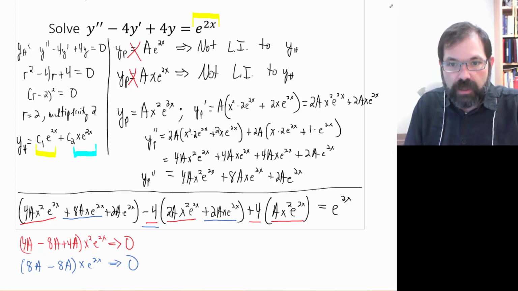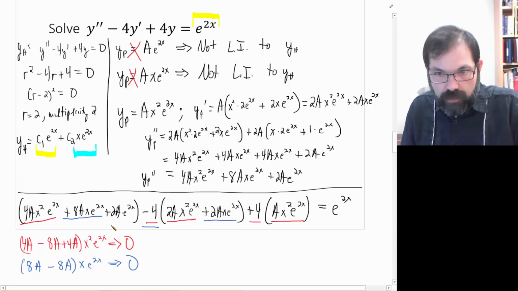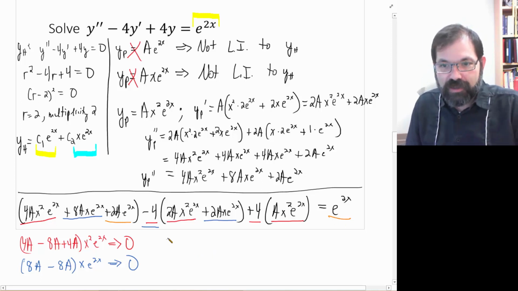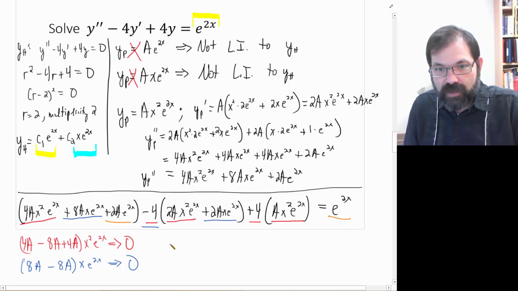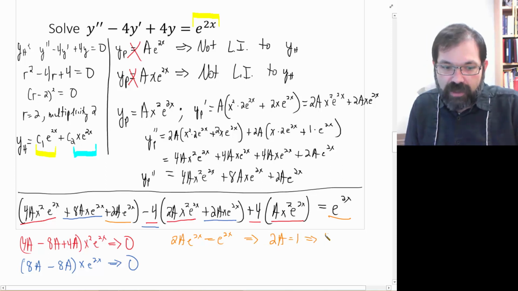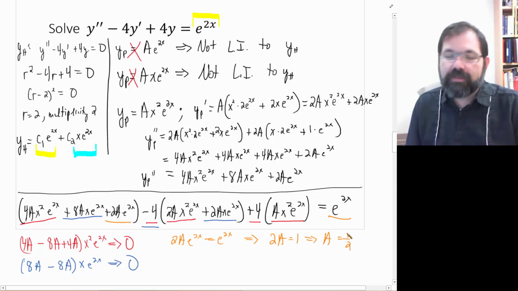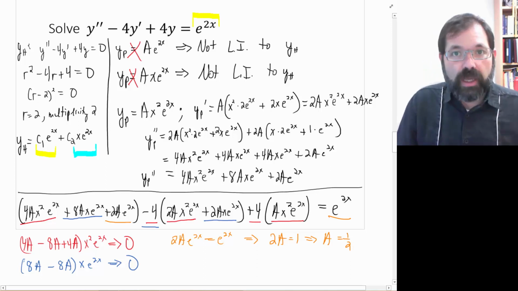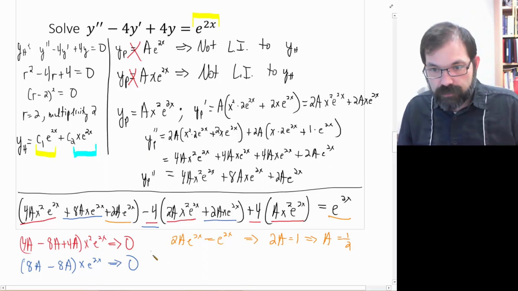Okay, so now finally these last terms, I've got a 2a e to the 2x must equal e to the 2x. Right? 2a e to the 2x must equal e to the 2x, and so then 2a must equal 1, and so finally a must be 1/2 after all that. Okay, write the equation.